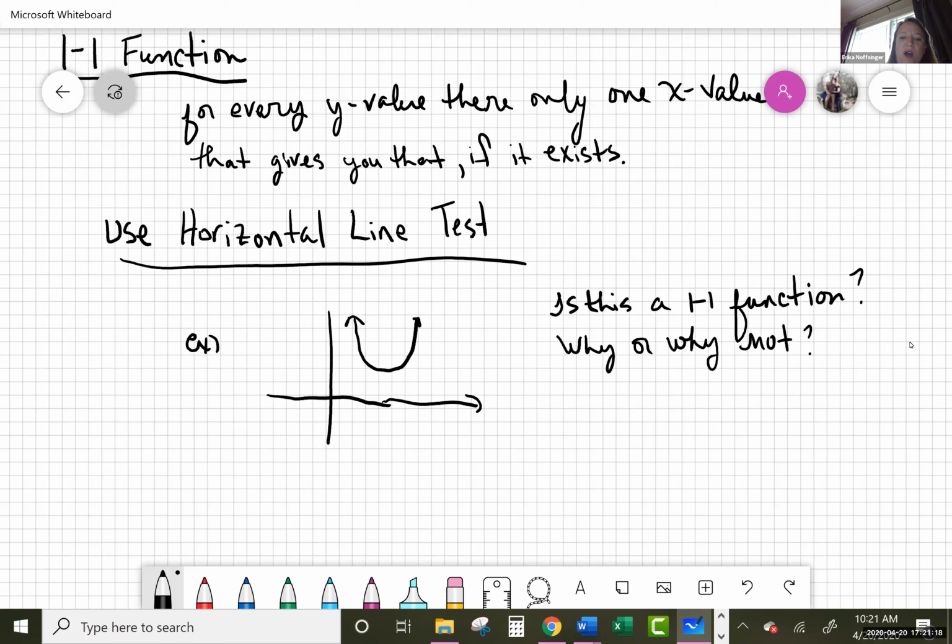So let's look at our y values. Look at this y value that's right here. We could choose a different one, but let's say this. Notice right here, here's an x value that gave us that point. And notice right here, there's another x value that gave us that point.